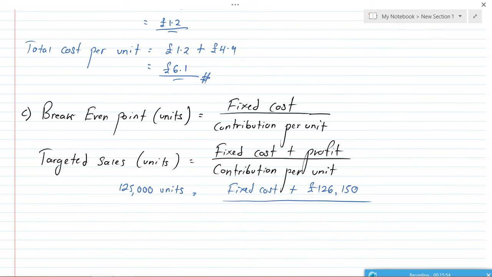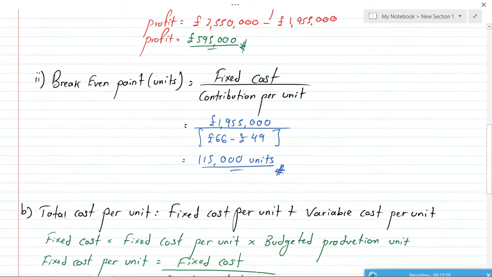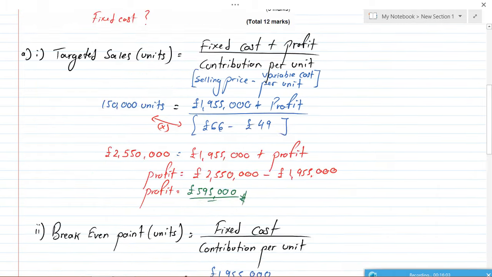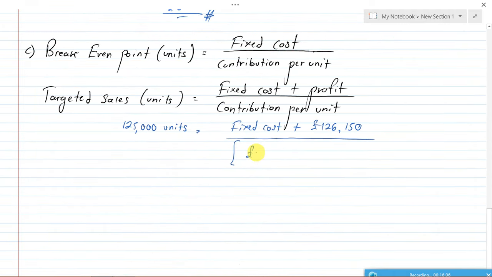Your selling price 27.5 minus 18.8. Now as usual, from here to here you have the times. So how much going to be your what? Fixed costs. So definitely you guys know how to do it.